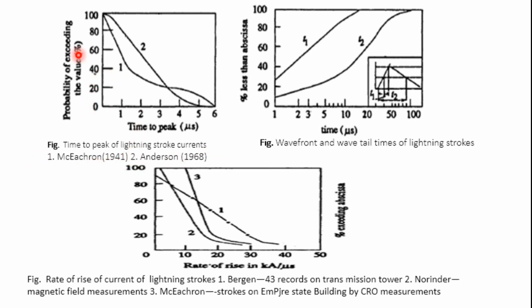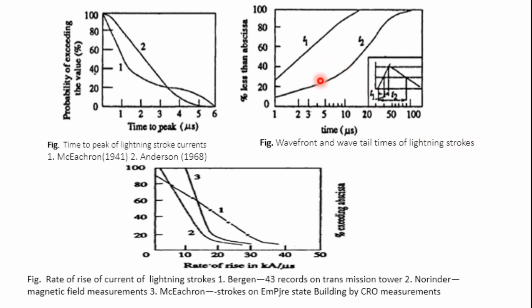Then we have the time to peak of the lightning strokes by different concepts. This is the probability of exceeding time to peak. Whatever values we are considering are in terms of microseconds. These are the wavefront and wave tail times for the strokes.